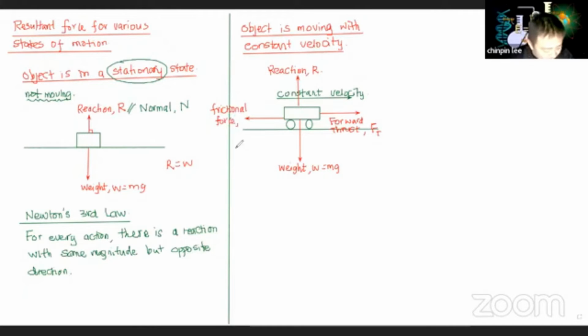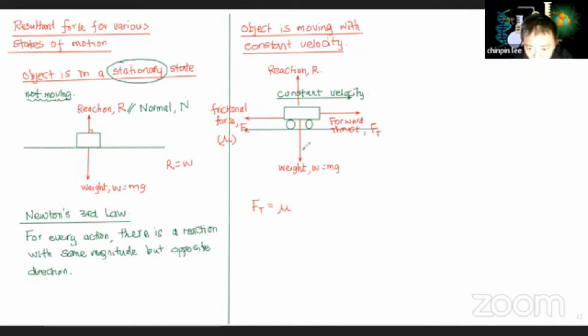Normally it is written as FR, frictional force. But myself, I like to use the symbol mu. So we can say the forward thrust is equal to mu. The forward force is equal to the backward force. This one and this one are the same.